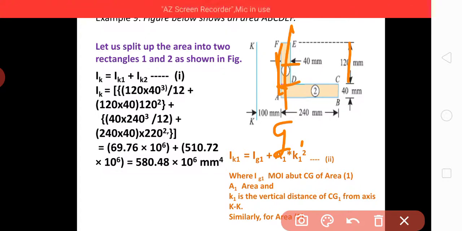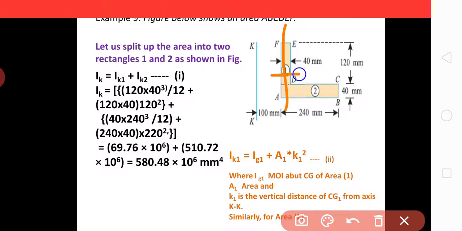I told you earlier that we have to make a cube of the dimension which is perpendicular to the axis of reference. So here the axis of reference is this one, and its vertical dimension is this 40. So 120 into 40 cube by 12.